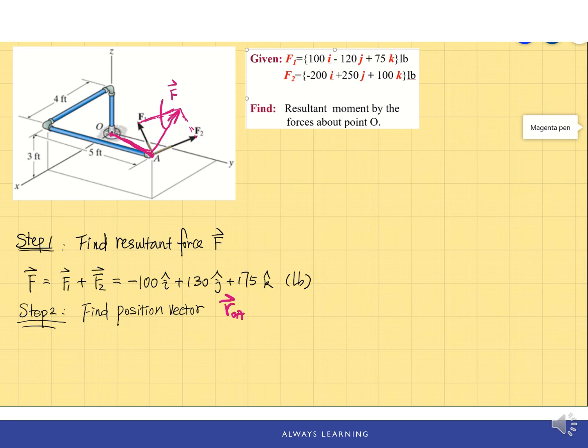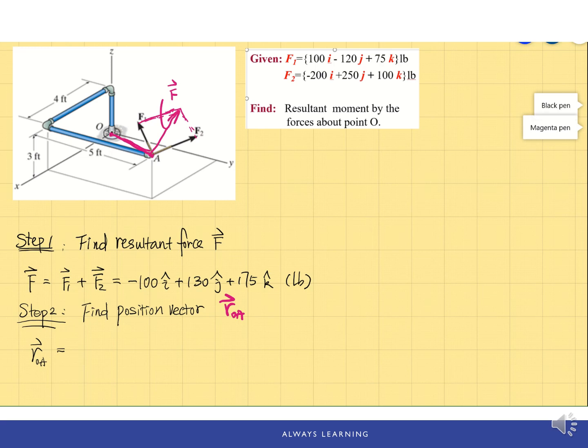So we're going to write position vector ROA in Cartesian form because we need to perform cross product later. So this ROA will be the coordinate of A, subtract the coordinate of O, which is 0, 0, 0. Or we can use the imaginary path method to find this position vector.